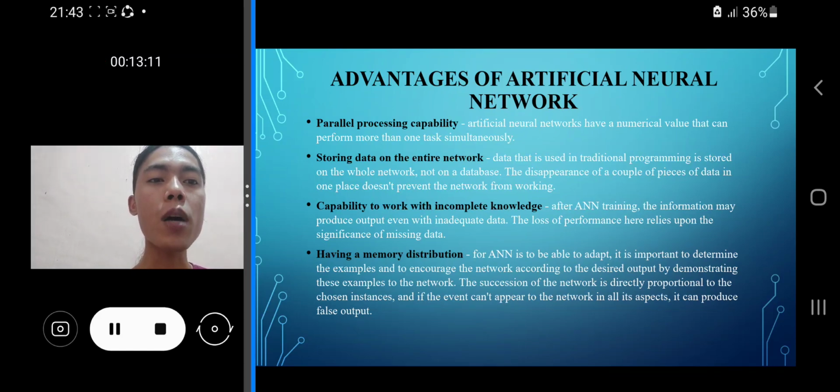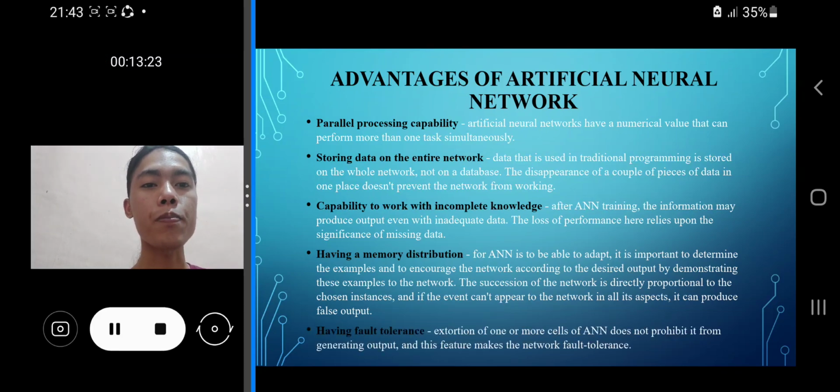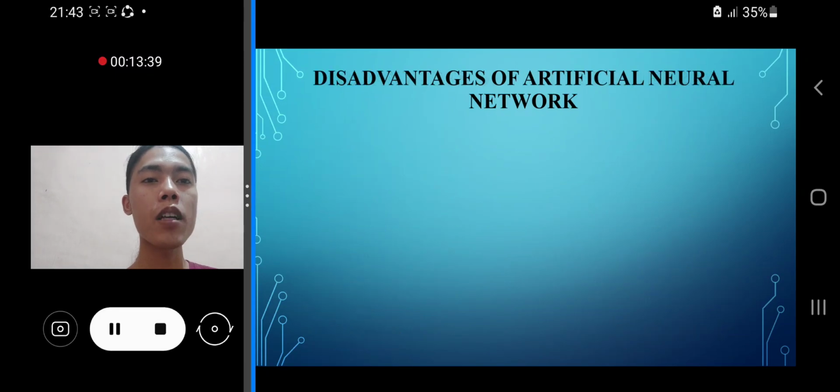The success of the network is directly proportional to the chosen instances, and if the event can't appear to the network in all its aspects, it can produce false output. And the last one is having fault tolerance. Corruption of one or more cells of ANN does not prohibit it from generating output. And this feature makes the network fault tolerant.